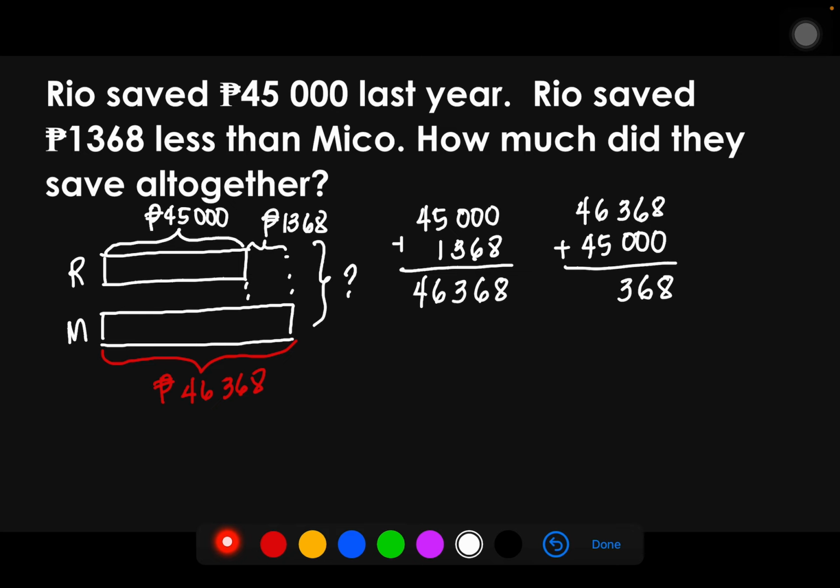That's 6,000s plus 5,000s, 11,000. So again, the 10,000s will become 110,000. So 4 plus 4 plus 1, 10,000 gives us 9,000. So it means they saved 91,368 pesos altogether.